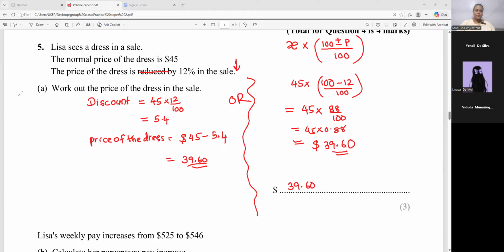You only need to remember this formula and identify the question or problem, whether it is an increase problem or a decrease problem.